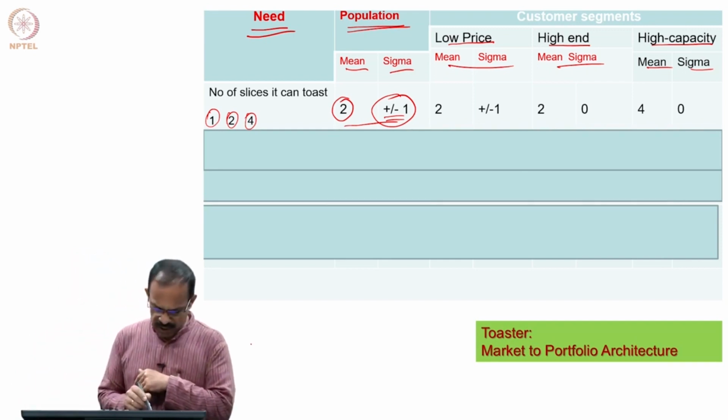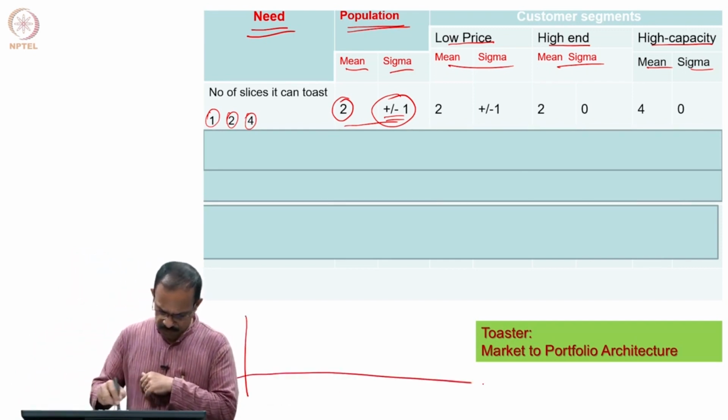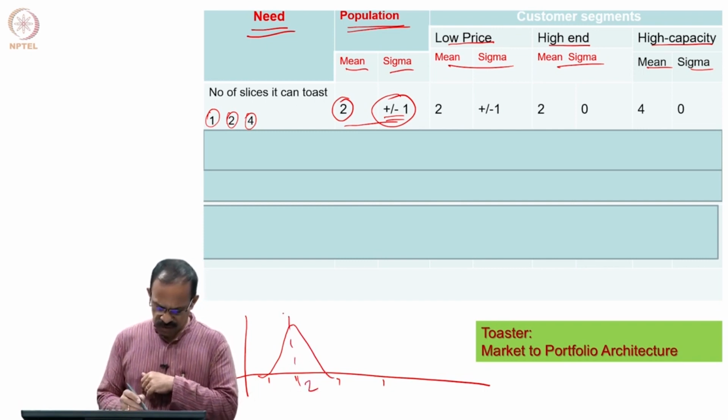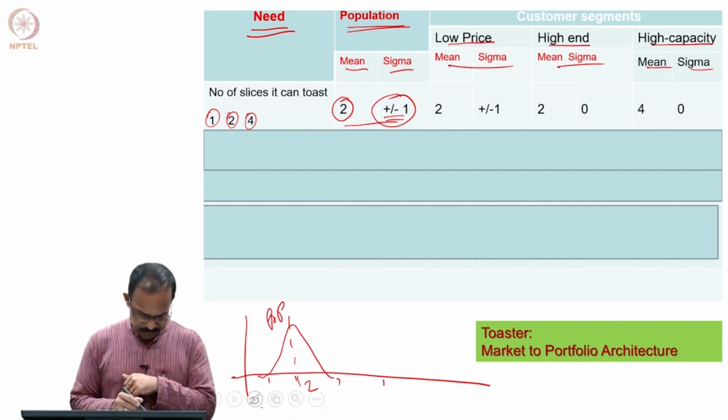If I plot it, I can say that it is like this: 1, 2, 3, 4. This is the 2, this is the population mean and standard deviation.